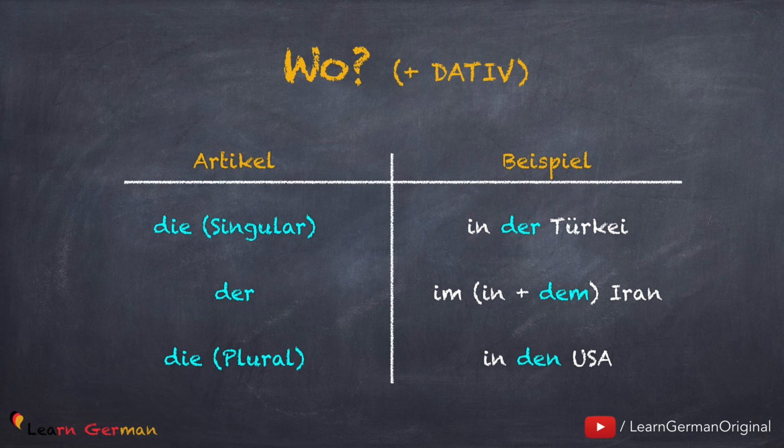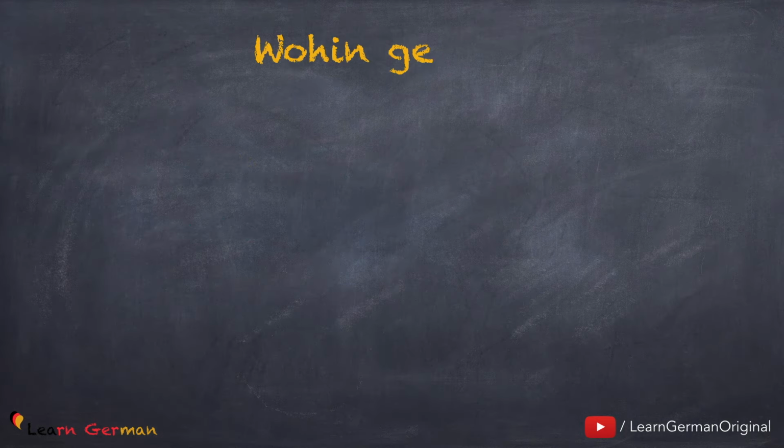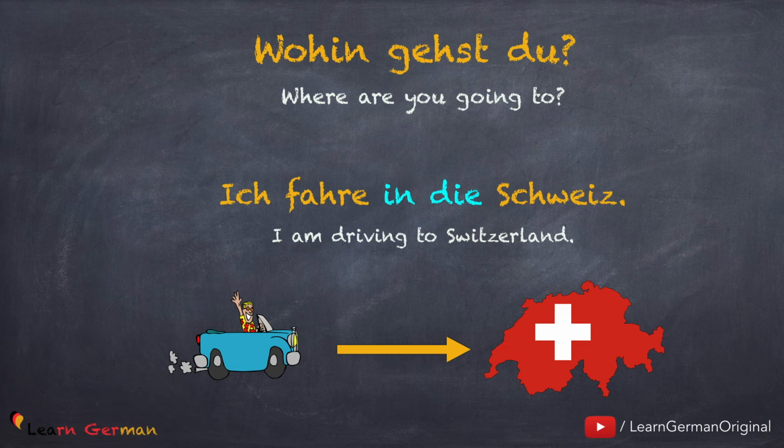In this case, the preposition in will take the dative article. If you want to revise dative article, you can watch our video on the same. The link is given below. Let's see what happens with the question Wohin gehst du? Ich fahre in die Schweiz.